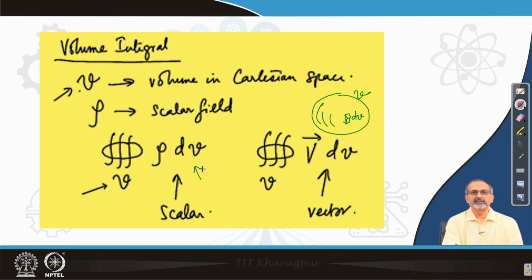The outcome of this integral of course will be a scalar. You can have a volume integral of a vector too. So, if you are integrating the velocity vector over that volume, that will yield you a vector, and you are indicating triple integrals here because it is volume, while in the previous slide we were using double integrals because it was area.